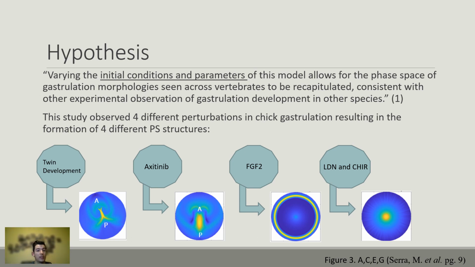So basically, the hypothesis in this study is that varying the initial conditions and parameters of this model, or the simulation, allows the phase space of gastrulation morphologies seen across vertebrates to be recapitulated, which is consistent with other experimental observations of gastrulation development in other species.